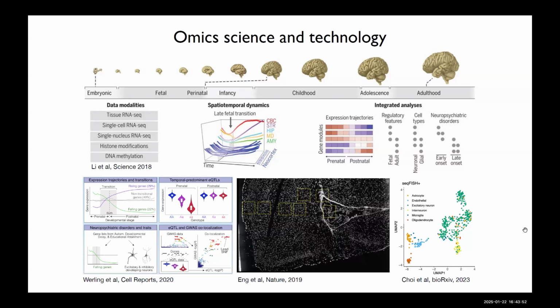And more recently, omics science and technology allows us to characterize and quantify at spatially resolved single cell resolution using optical imaging technology. With these technologies, we can gain insights about what's going on with thousands of molecules inside thousands of cells at very particular locations of the brain tissues.